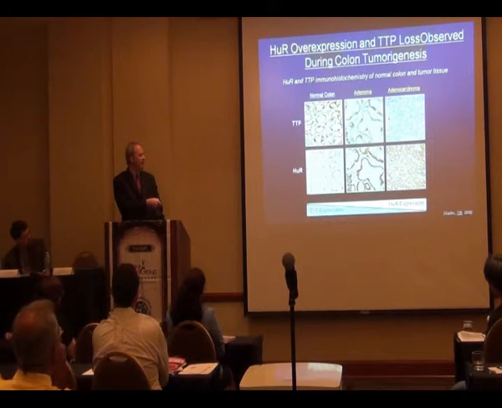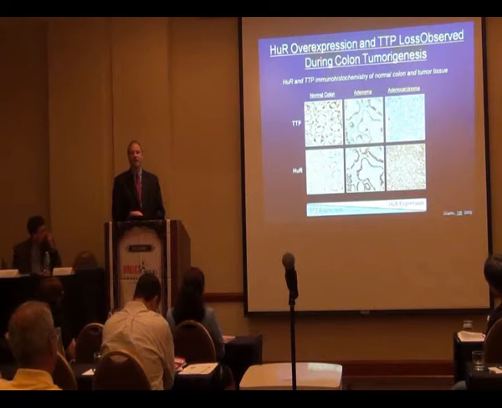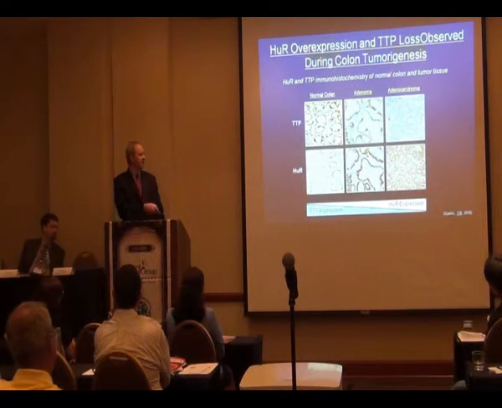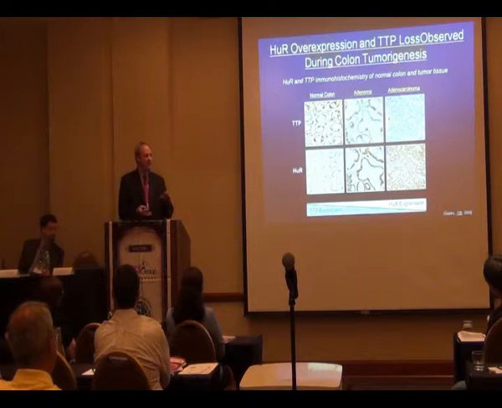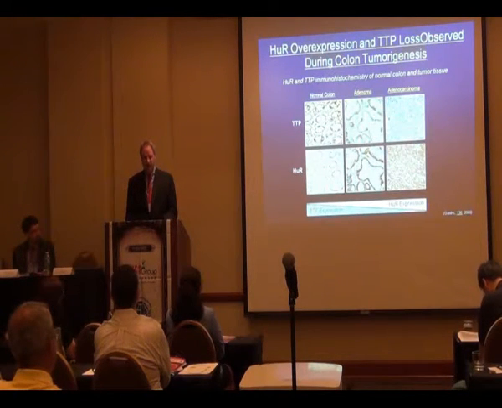In adenomas, it becomes overexpressed, and you can start seeing here it's leaking out into the cytoplasm of those particular epithelial cells. And in adenocarcinomas, HUR is abundantly overexpressed. So again, we have this switch in overexpression of the RNA stabilization protein and loss of expression of the RNA decay protein.